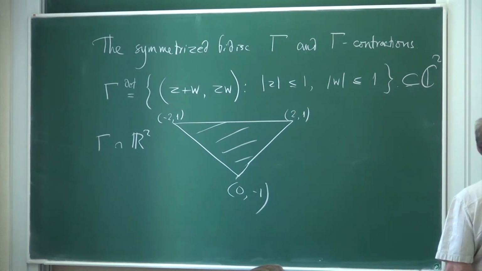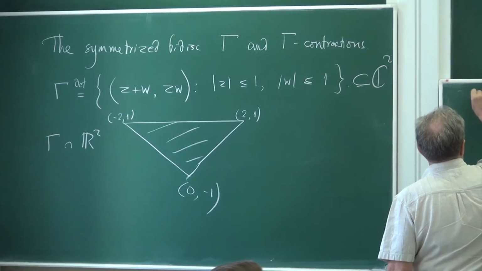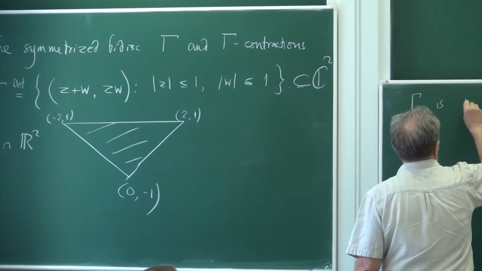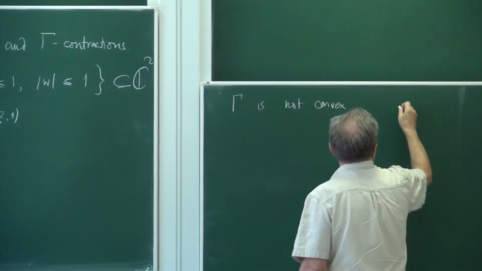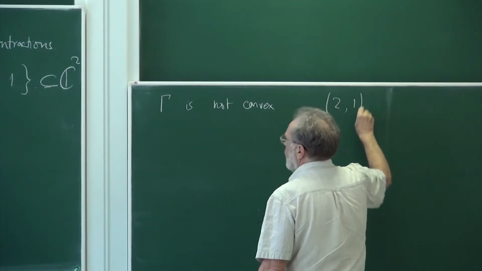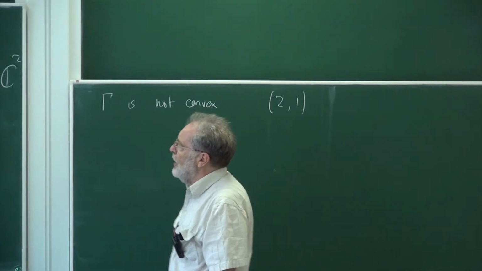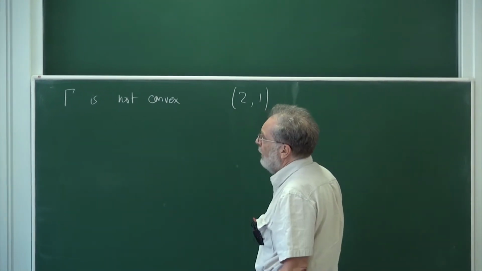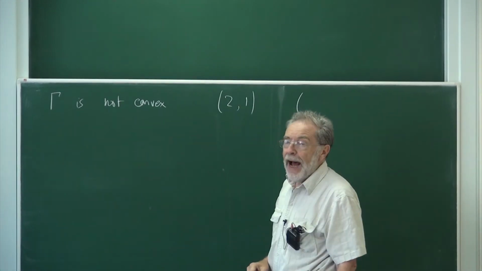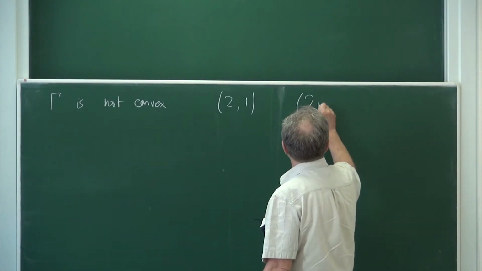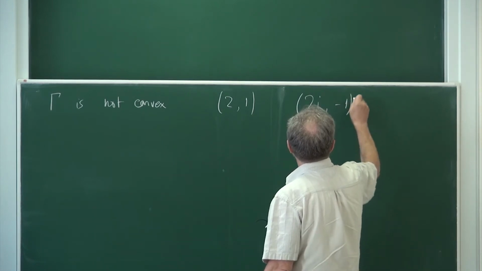So here are some properties of gamma. It's not convex. So for example, if you put z and w equal to 1, you get the point (2, 1). And if you put z and w equal to i, then you get the point (2i, -1).